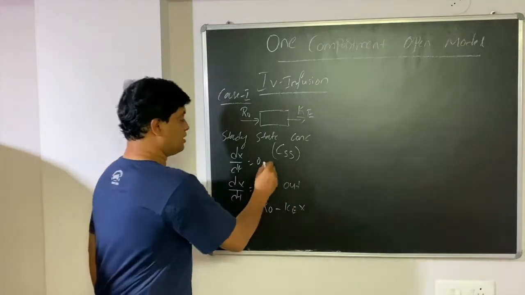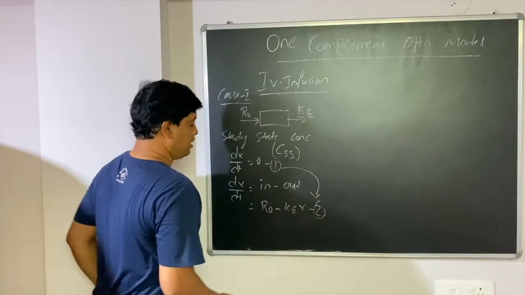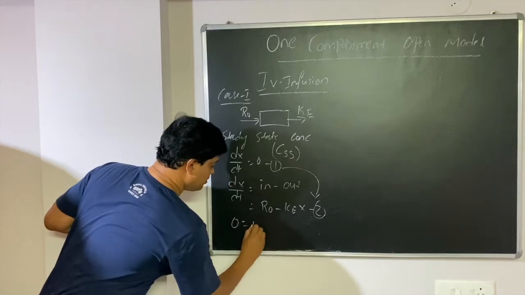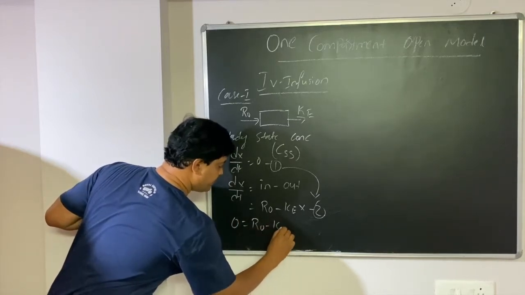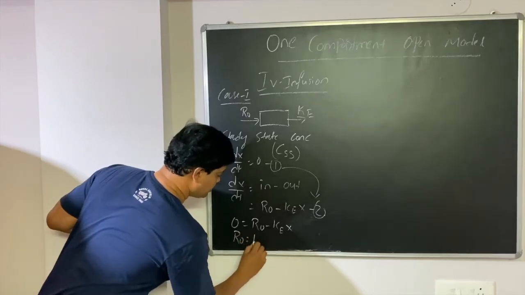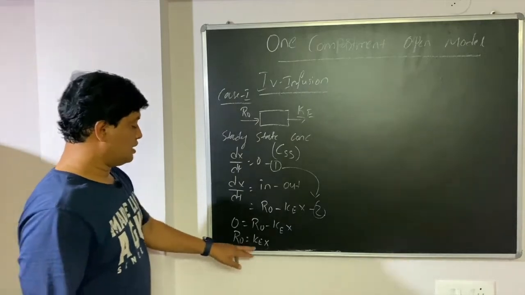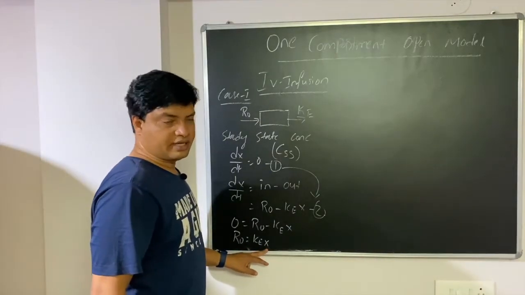Substitute 1 in 2, and you will get 0 is equal to R naught minus Kex. Rearranged, it becomes R naught is equal to Kex.